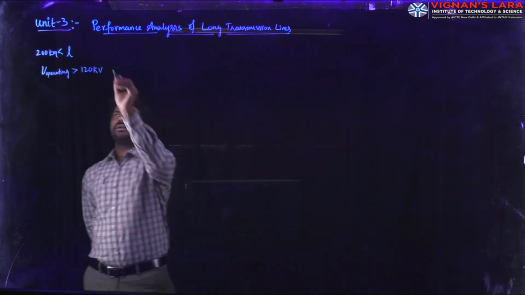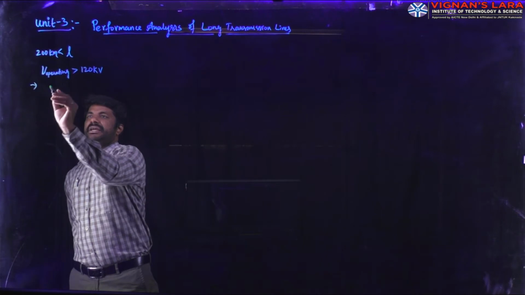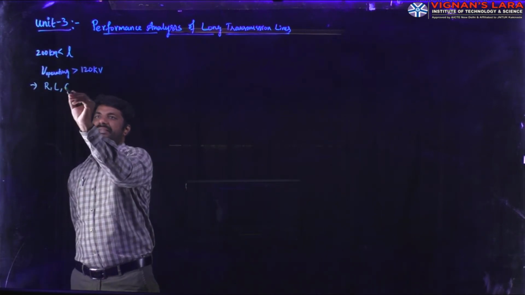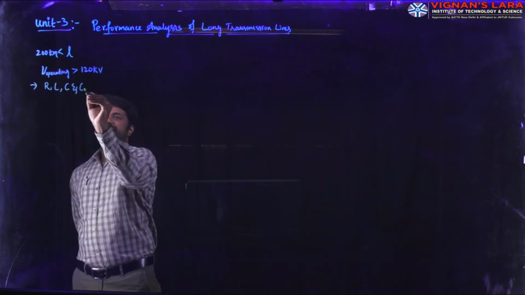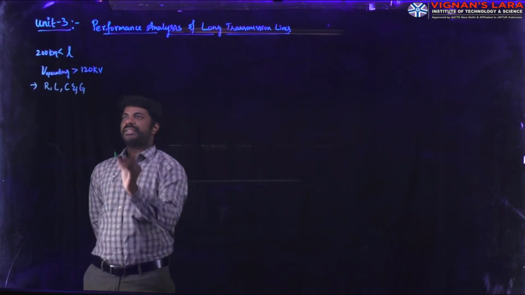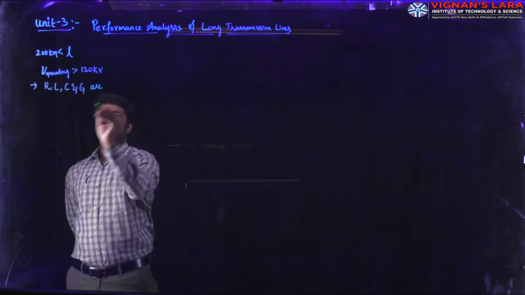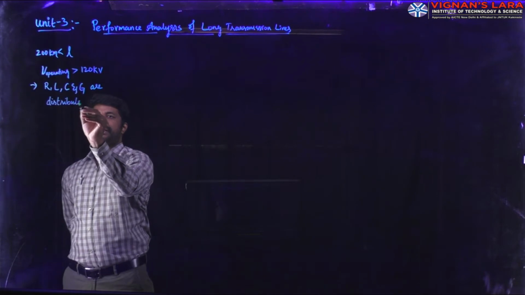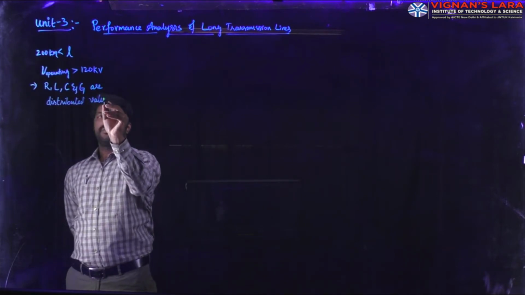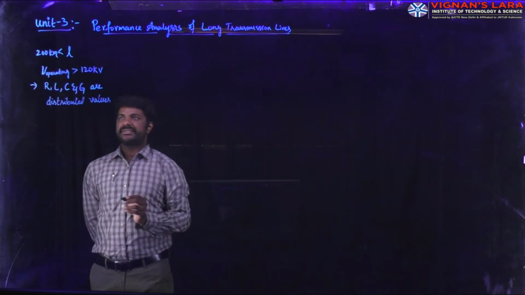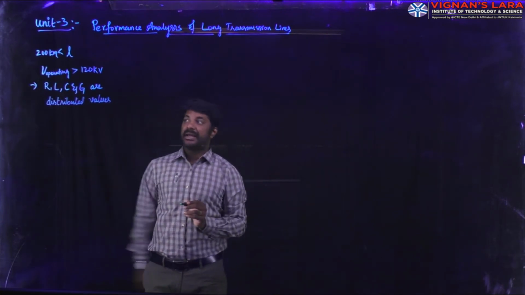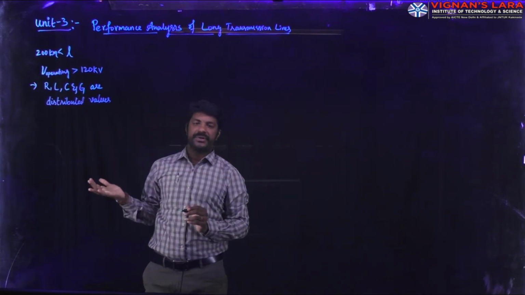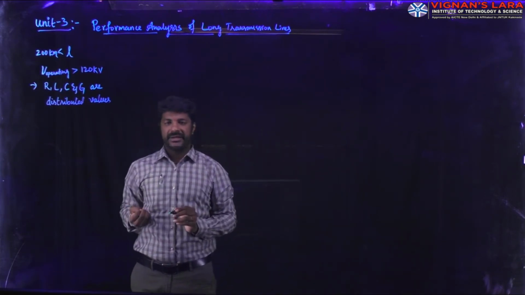And in the long transmission line, we assume that the elements resistance R, inductance L, capacitance C and shunt conductance G, all these four, are distributed values. Whereas the resistance, inductance and capacitance, in the previous discussions we assumed they are lumped elements, that is, concentrated.